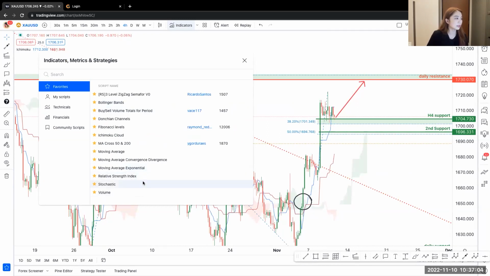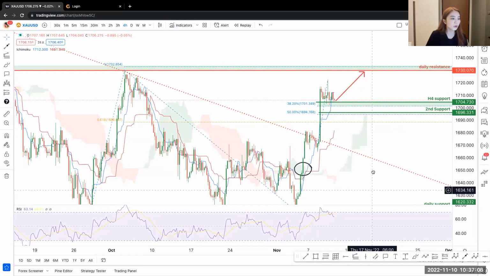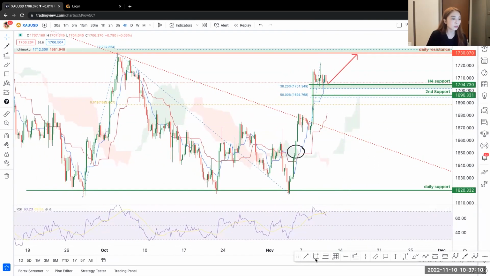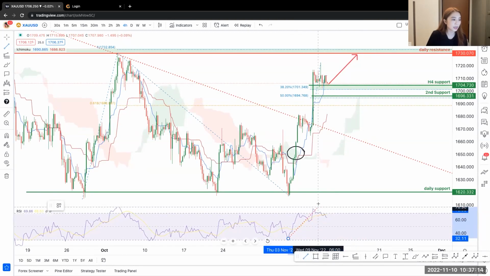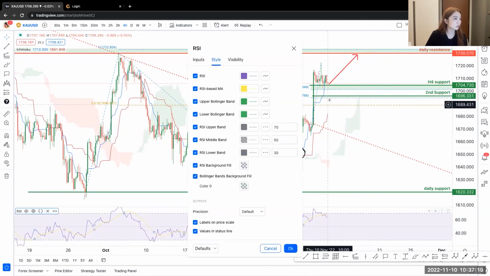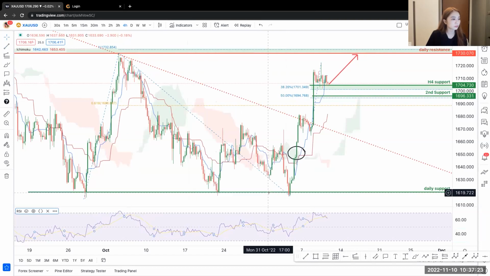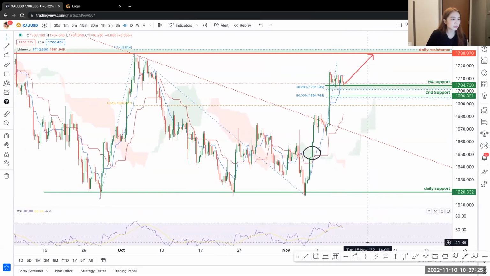Let's look at RSI. Okay, so there's a chance where the upward movement has been exhausted. All right, RSI did reach the peak for a bit.